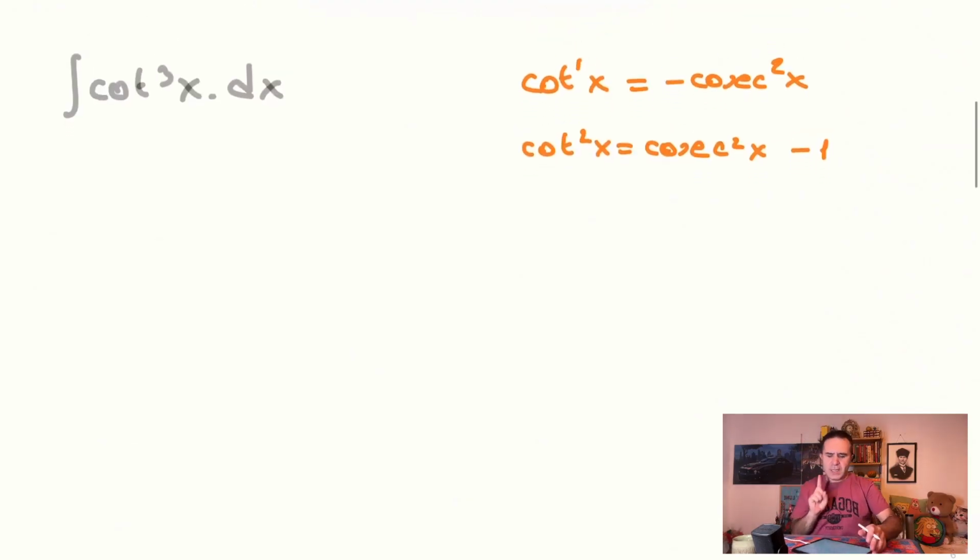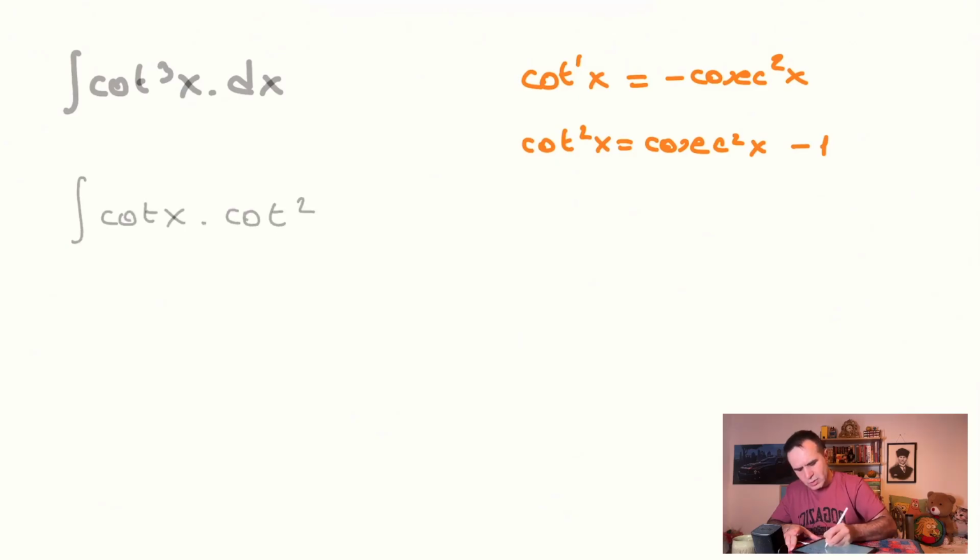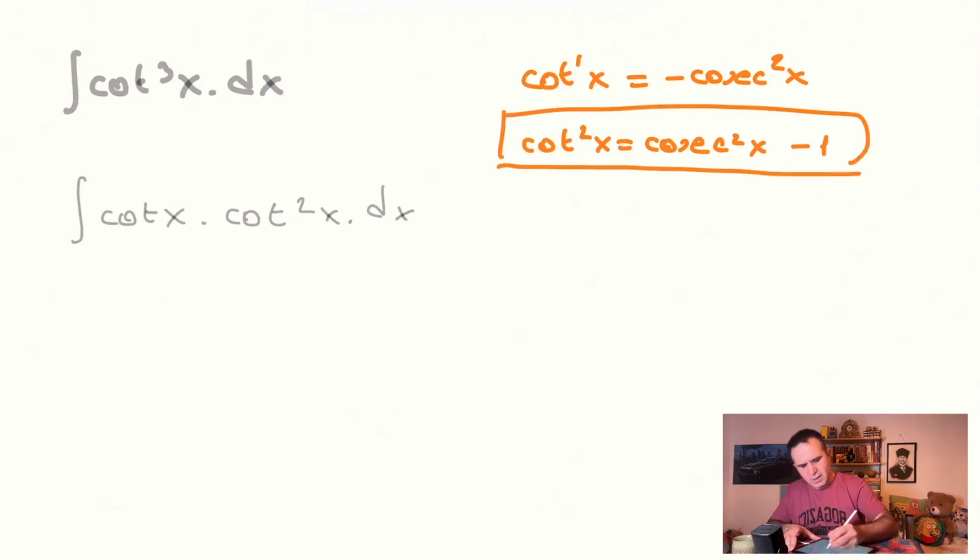In order to integrate cotangent cube x, we should rewrite it as cotangent x times cotangent square of x dx. And after that, we will use this identity, and we will say that cotangent square of x is equal to cosecant square of x minus 1.